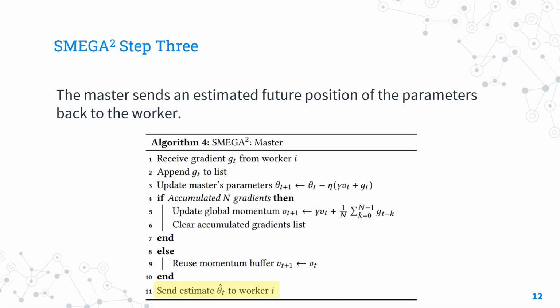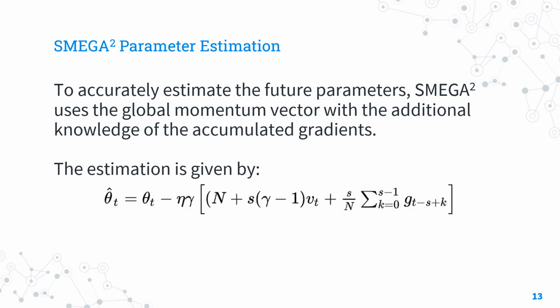Finally, the master sends an estimated future position of the parameters back to the worker. To accurately estimate the future parameters, SMEGA uses the global momentum vector with the additional knowledge of the accumulated gradients. The estimation is given by the equation below.